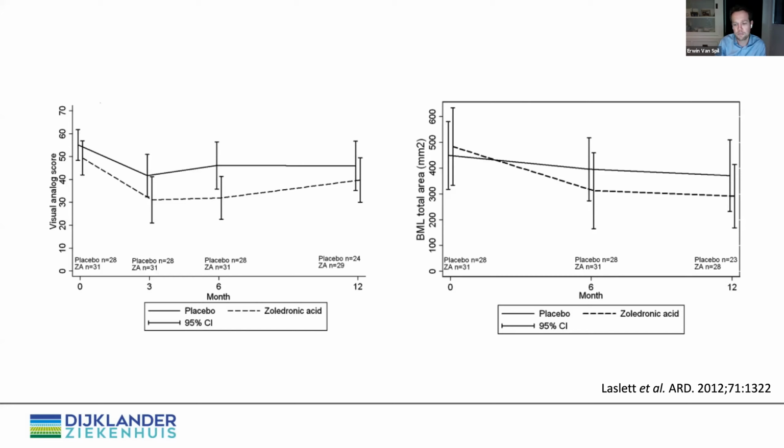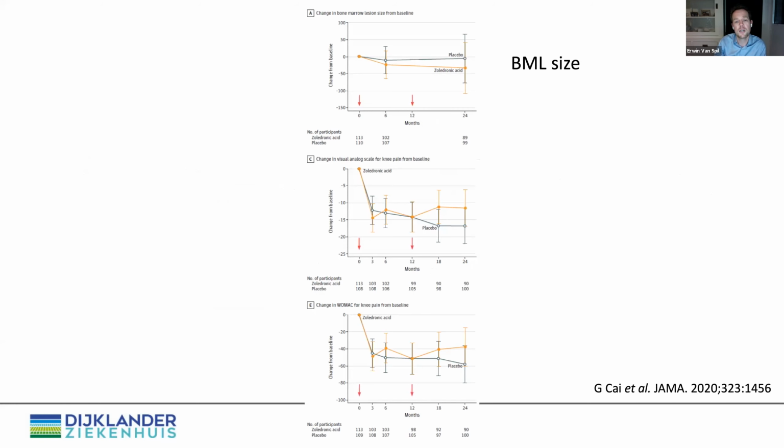This small study with a single gift was followed up by a larger study, a multi-center study by the same group, with 2 gifts of zoledronic acid at 0 and 12 months. And unfortunately, on top, you can see that BML size this time did not decrease with zoledronic acid treatment.